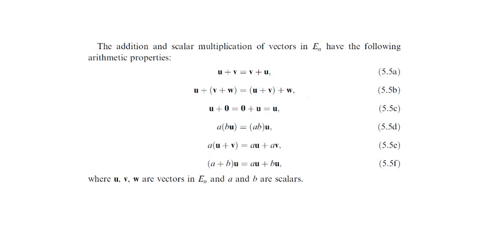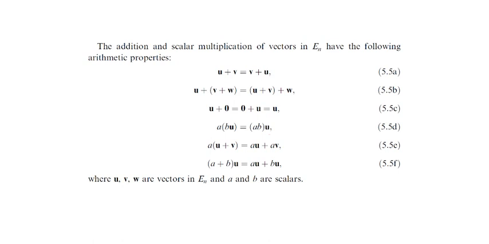So, addition is commutative, it is associative, and you add a null vector to any vector in En, you get the same vector. And when you're considering multiplication with scalars, this is true.